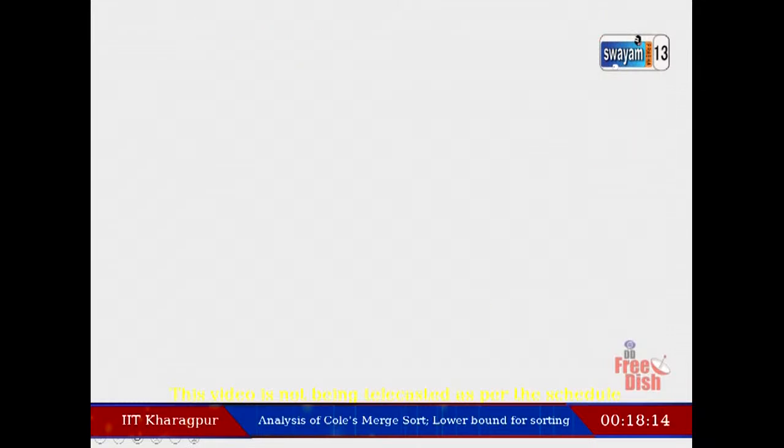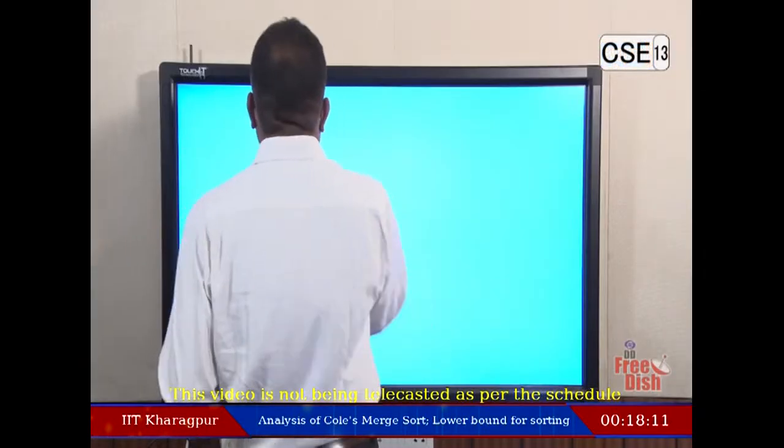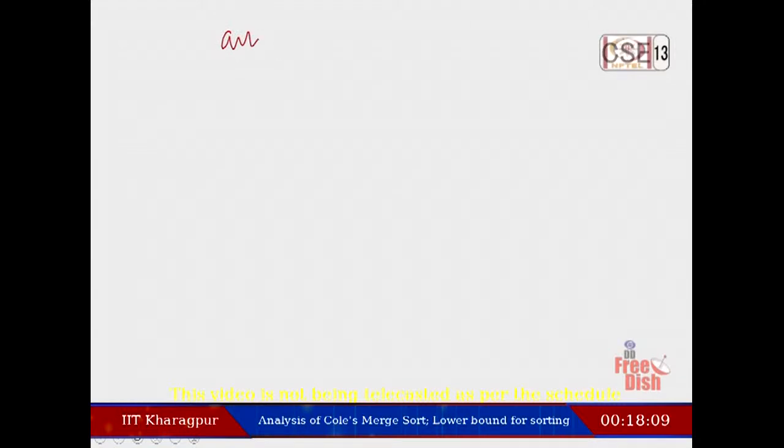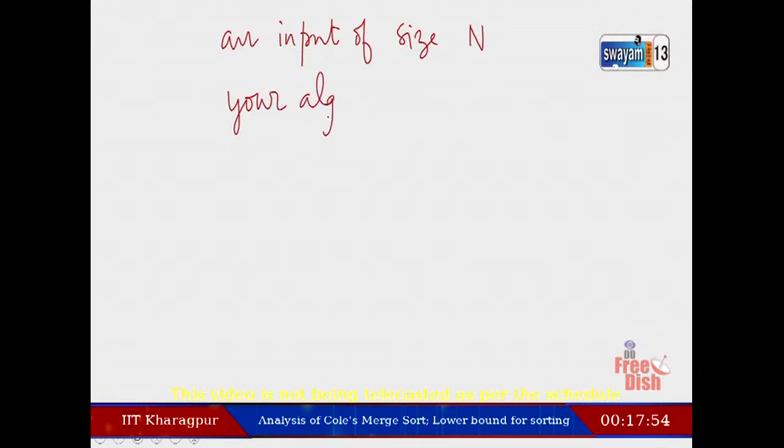So now let us consider an input of size N, and let us assume that an algorithm sorts this input in T steps.